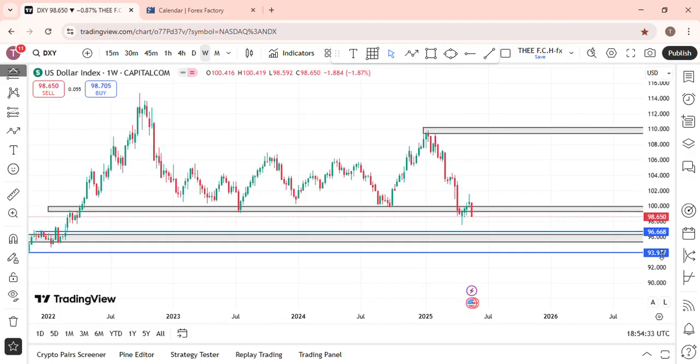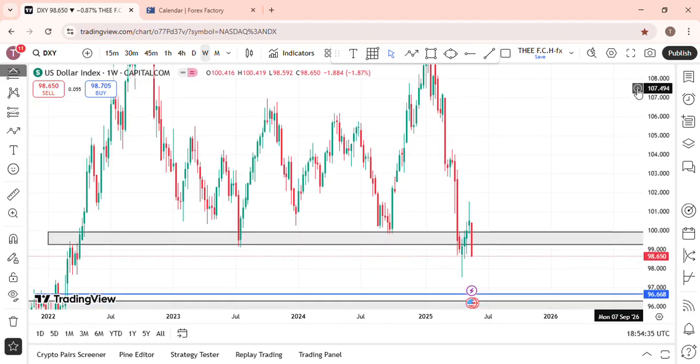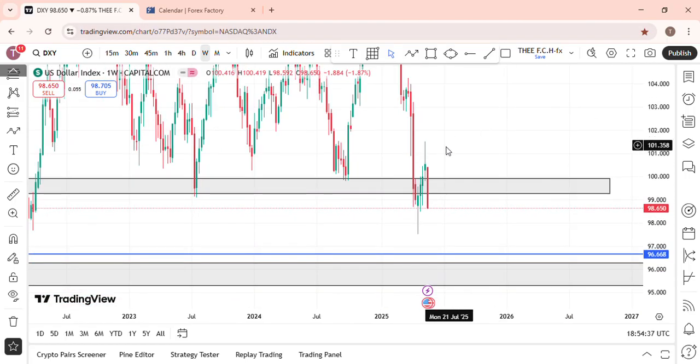Now, coming to the weekly time frame, it can clearly tell you something. In the previous week, you can see the market was very strongly bearish. It closed below the low of two weeks back, giving us a new low. So that indicates we expect a bearish market. So what can possibly happen?